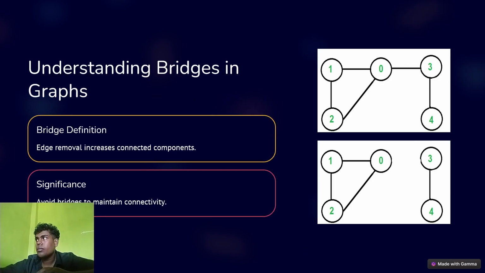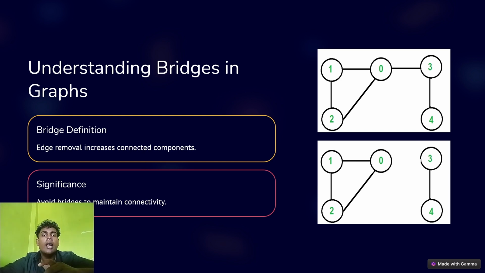Mainly we should understand what a bridge is. A bridge is a main case in Fluery's algorithm for an Eulerian circuit, because we should understand what is a bridge and what is not a bridge. A bridge is an edge that, if removed, would disconnect the graph.